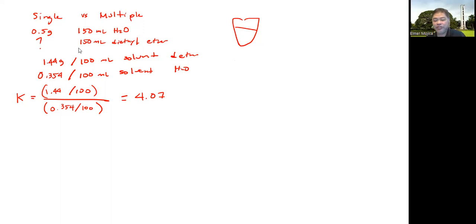Now, what we need to do is find how much of the 0.5 will go into diethyl ether and how much will remain in water. So we have 4.07 here, and then we could put X over 150. And the other one, how do we represent it? 0.50 minus X, divided by 150.